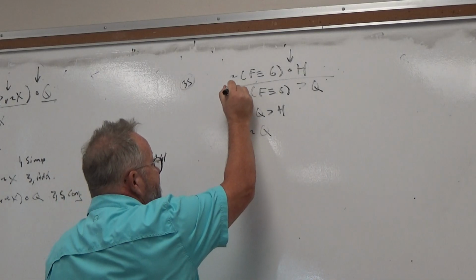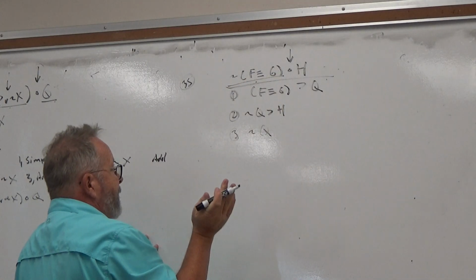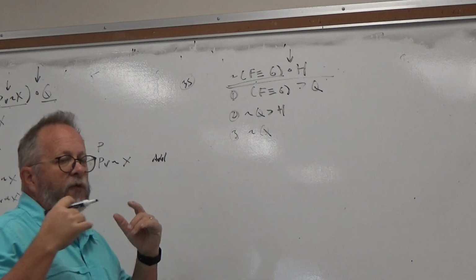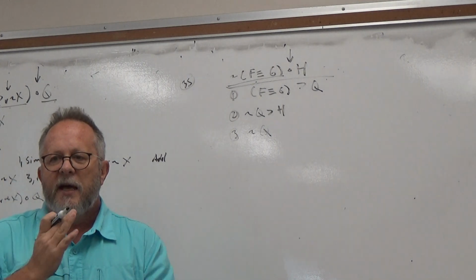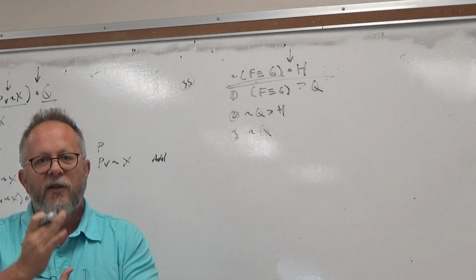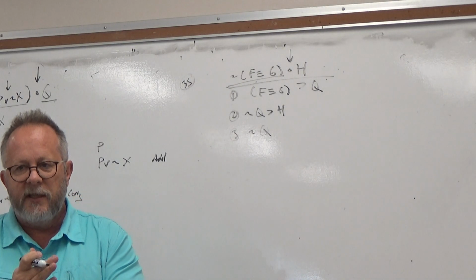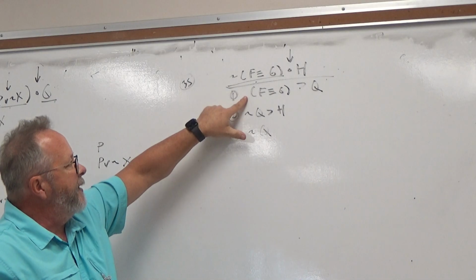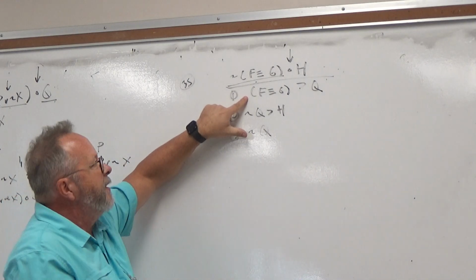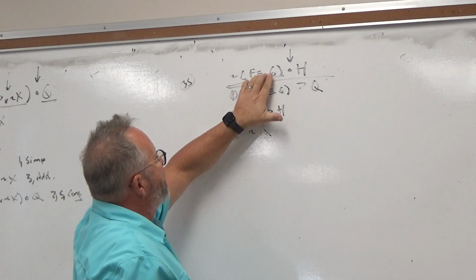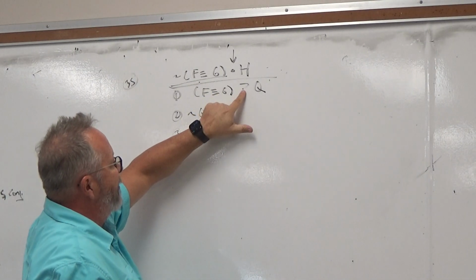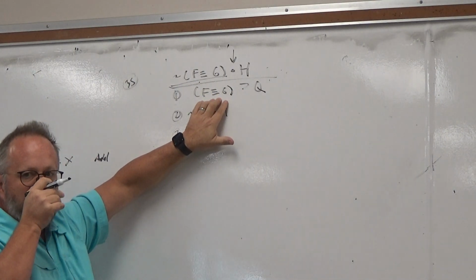So let's focus on this half. Not F if and only if G. I go look for it in the premises. I don't see it. So the next thing I do is I look for its opposite in the antecedent of a conditional. And there it is. This is the opposite of that, and it's in the antecedent of a conditional. Why is this important?